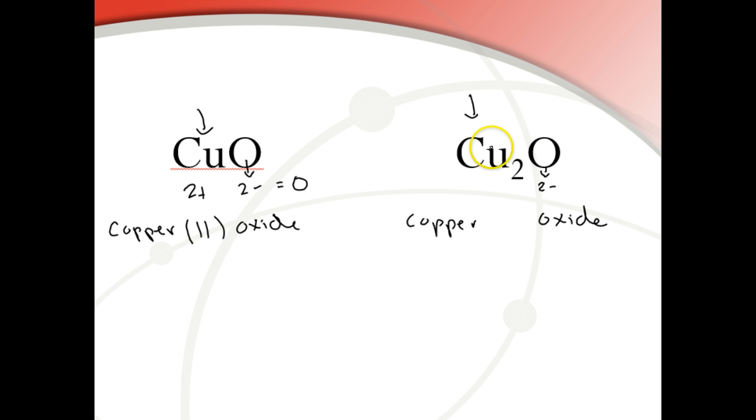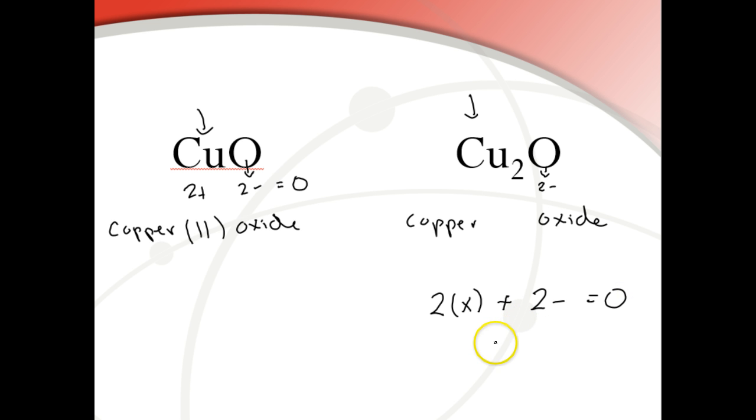If we look over here, this oxygen has a 2 minus charge still, but we've got 2 coppers to balance it out. What I usually do is say we've got a 2 minus, and we've got 2 coppers multiplied by some number to give us 0. We can solve this pretty easily, right?